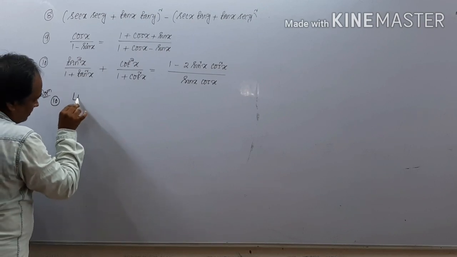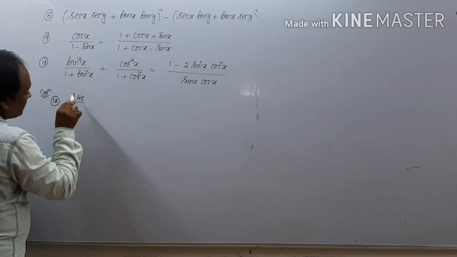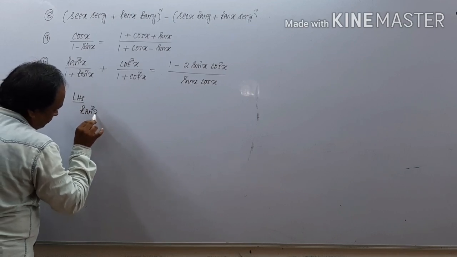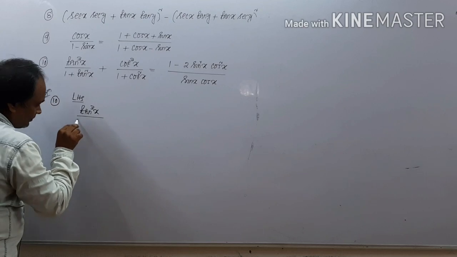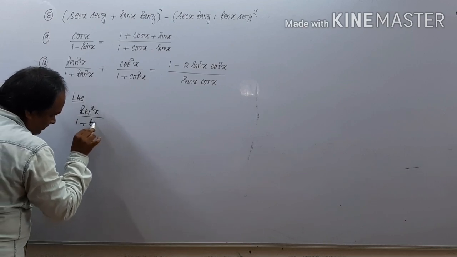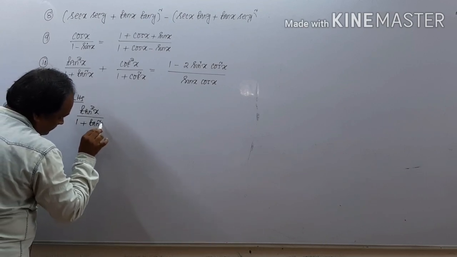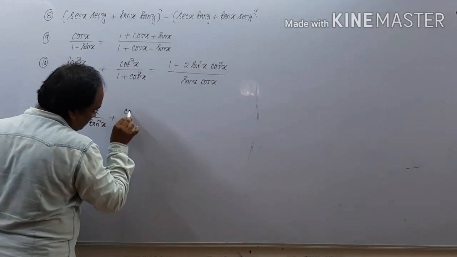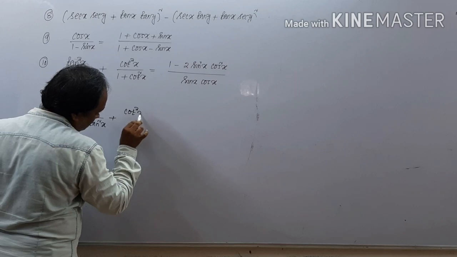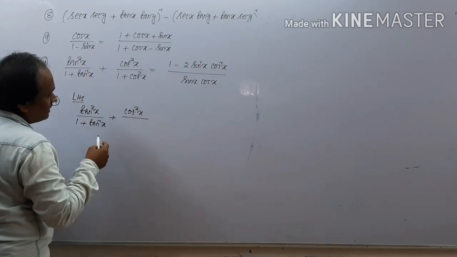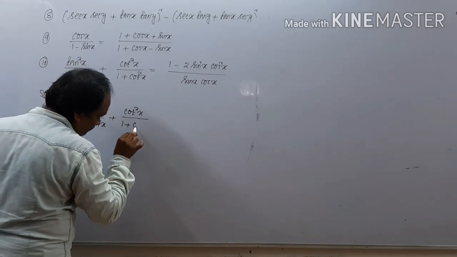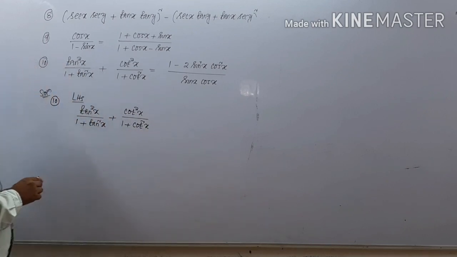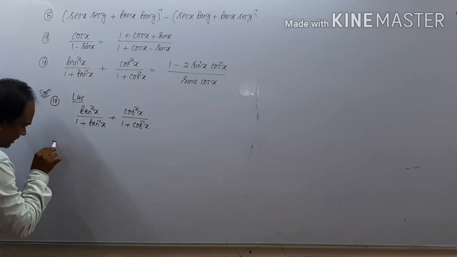So now I will consider the left hand side. What is given? Tan cube x divided by 1 plus tan square x plus cot cube x divided by 1 plus cot square x, right? So what is tan cube x?